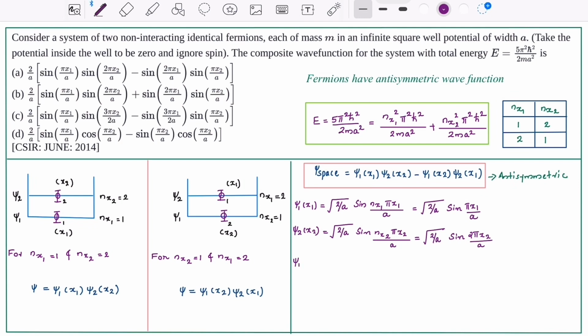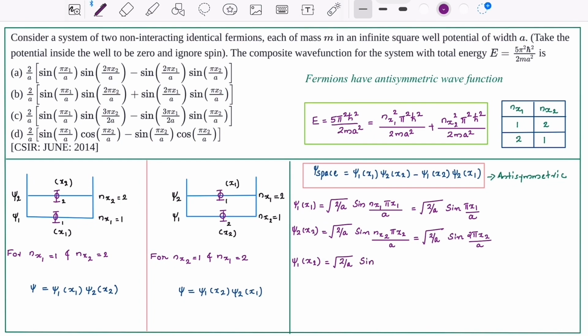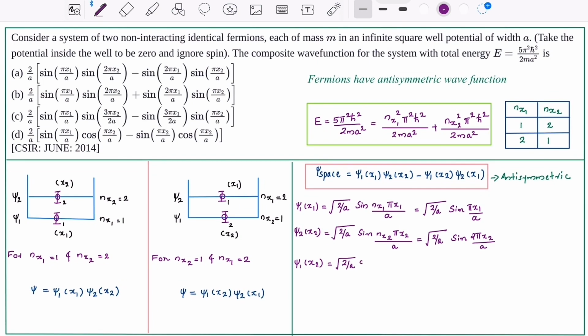Now let us consider the other kind of filling where the second particle is at the ground state. That is, here nx2 is equal to 1. Now what is ψ1(x2)? That is the wave function of the particle when particle 2 is at ground state, root of 2/a sin(nx2 π x2/a). Here nx2 is again equal to 1 because particle 2 is in ground state.